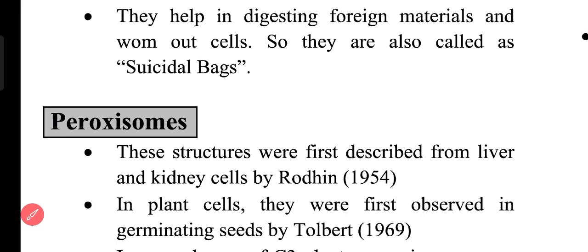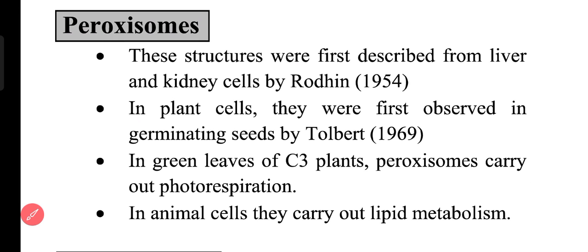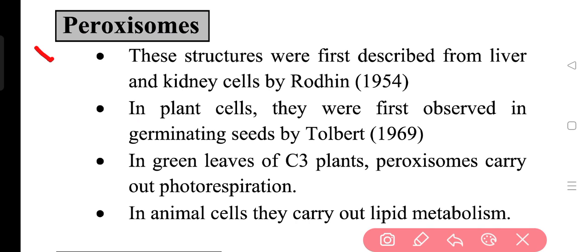Okay. After that I go to the next organelle, that is the peroxisome. Remember some facts about peroxisomes. First point, these structures were first described from liver and kidney by Rhodin. Remember this, peroxisomes are cell organelles first found in liver and kidney by Rhodin in 1954.